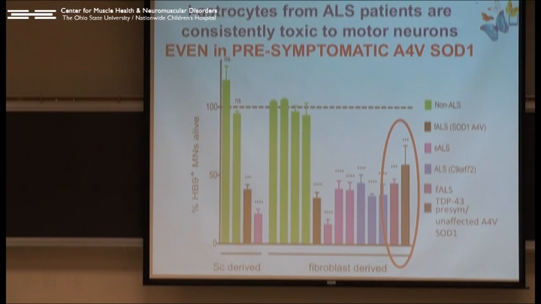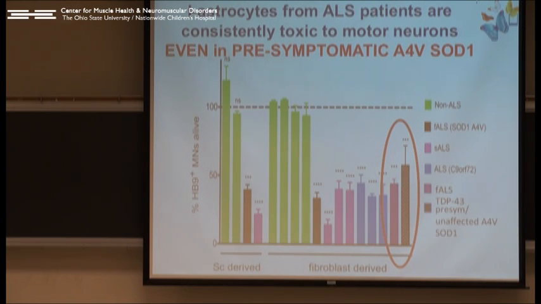But when we take their fibroblasts and the astrocytes, we can show that those astrocytes are less supportive than non-ALS derived. So that does not bode well. We're not using this as a clinical prediction at this point, but that would not be a good result that I would be hoping for.